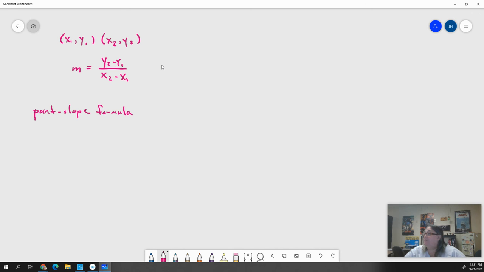And I like to think of it as a series. So if I'm given 2 points, there's a process that I would follow to write the equation of a line. So if I'm writing the equation of a line given 2 points, and we want it in slope-intercept form, the first thing that I'm going to do is use the 2 points to find slope, right?